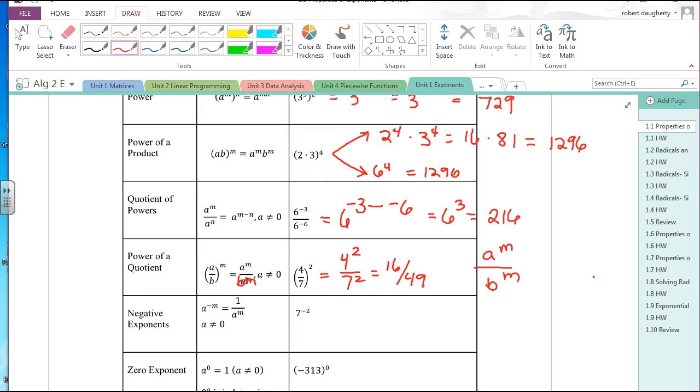Okay? So 7 to the negative 2 is 1 over 7 squared. Because that was a negative exponent in the numerator. It became a positive exponent when it moved to the denominator. What's this? 1 over 49. Okay?